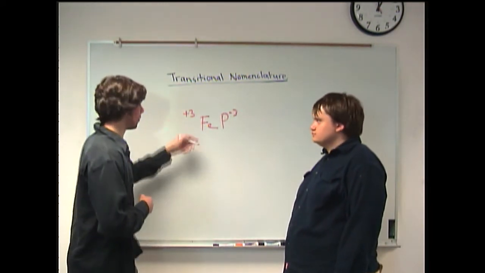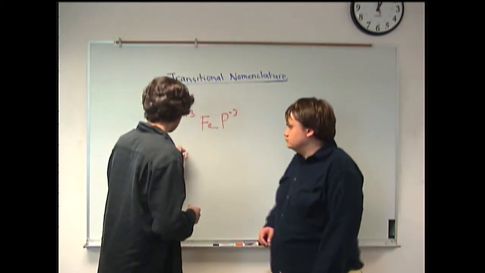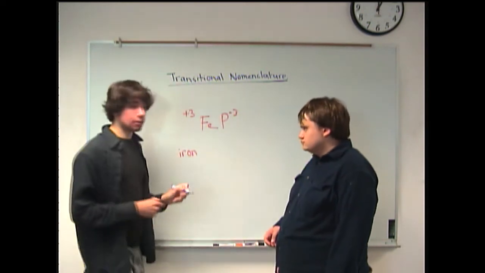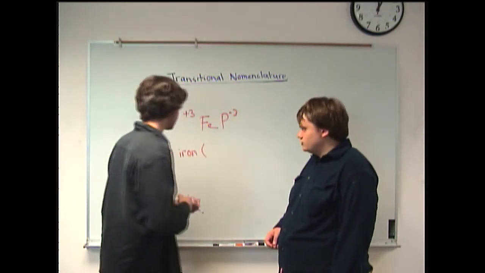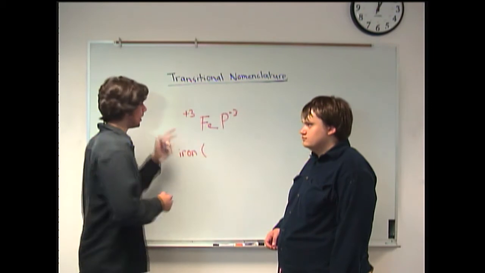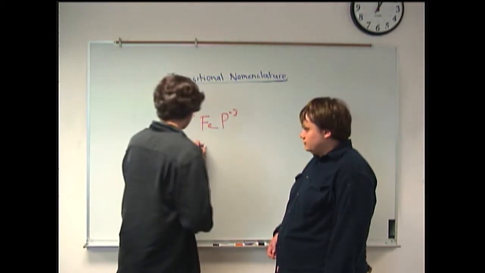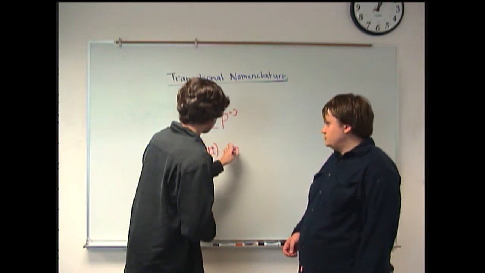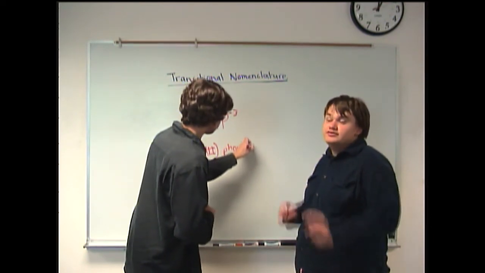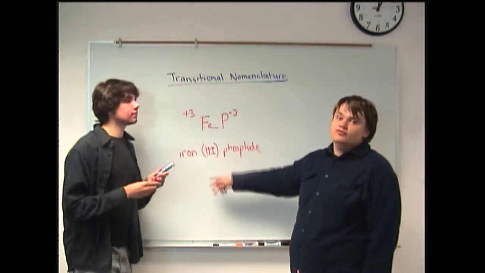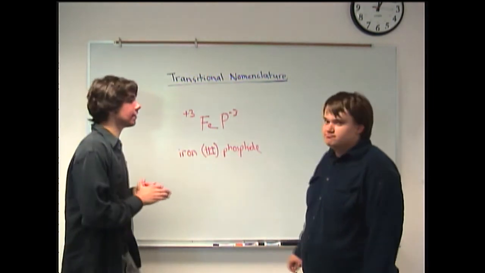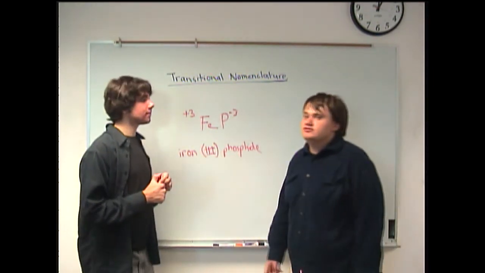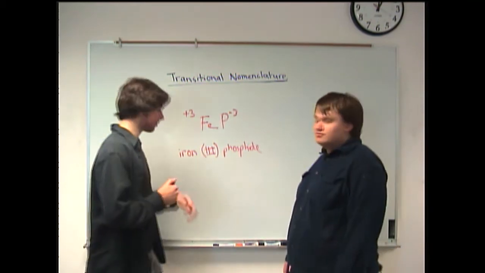We name it iron, since it is iron, then parentheses, and the Roman numeral III to indicate it has a +3 charge. And then, of course, phosphide. So it's a lot like naming ionic compounds. You just need that Roman numeral in parentheses. It's not too bad. Makes sense.